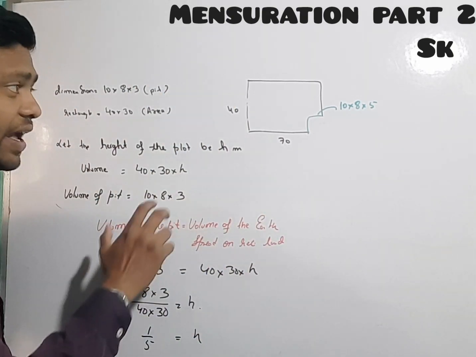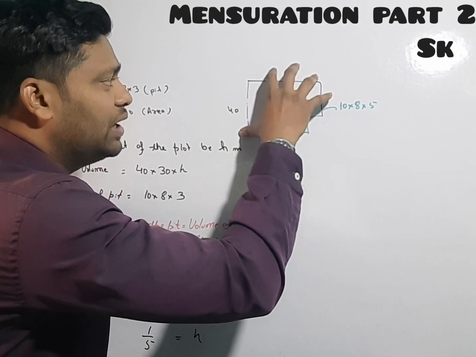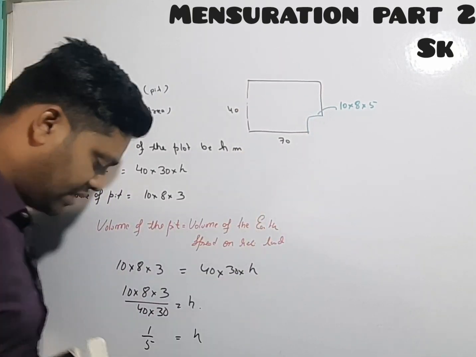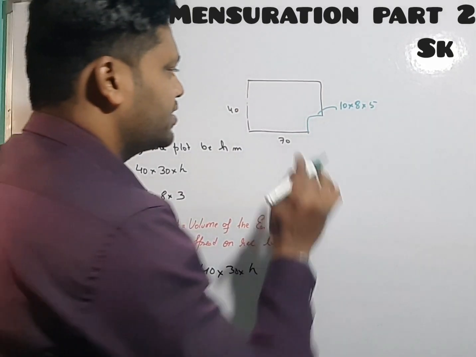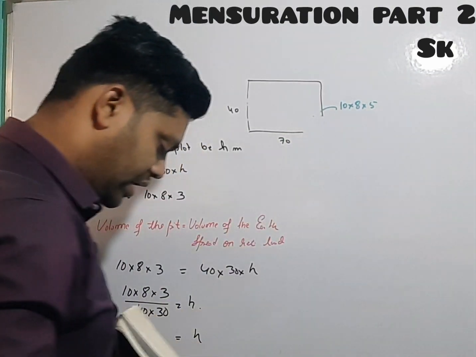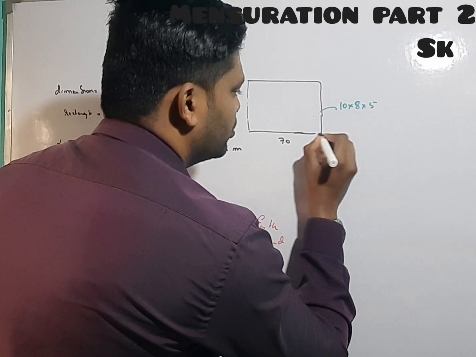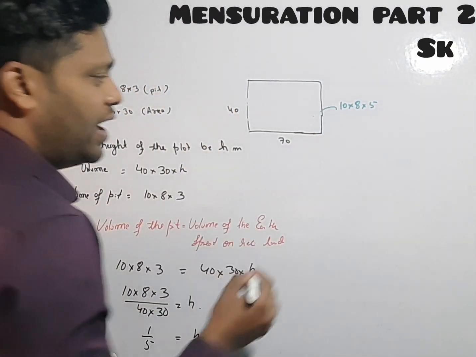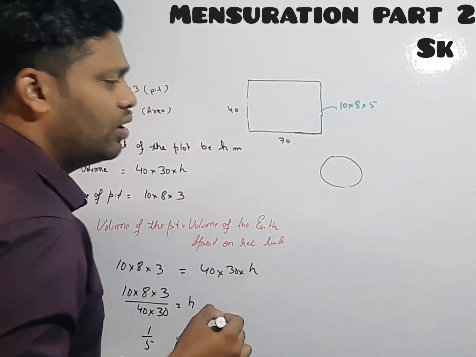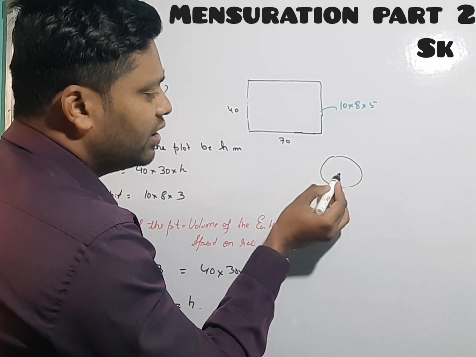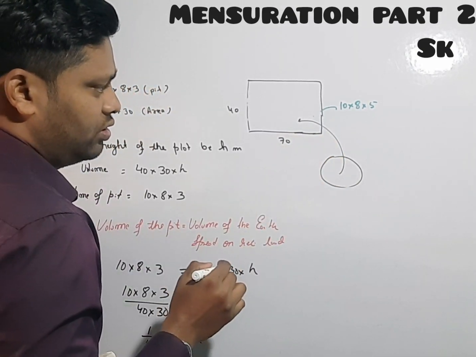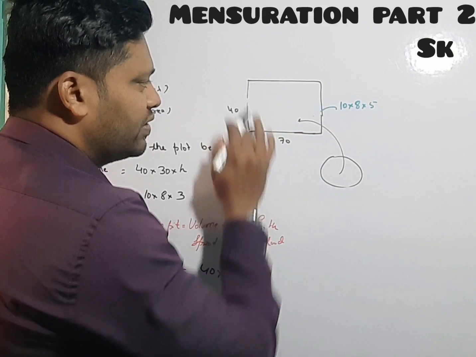Let me tell you the difference so that you will not get confused. My work is to make your concept strong. This was the pit in the previous case, and somewhere here they are making the hole, getting the earth and keeping it here.